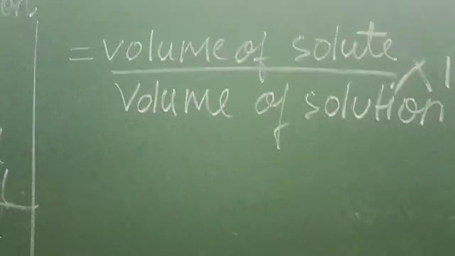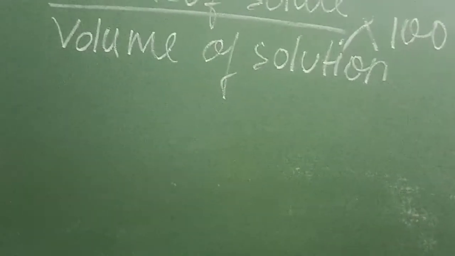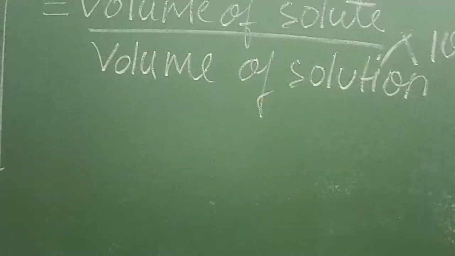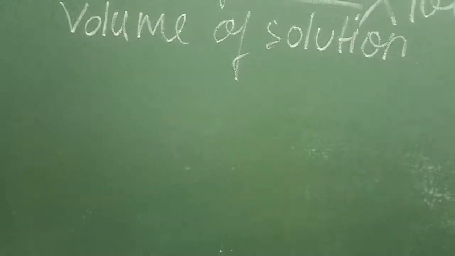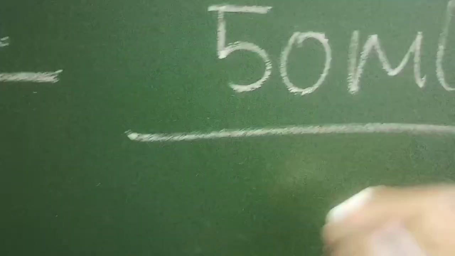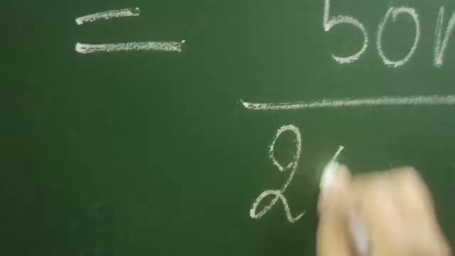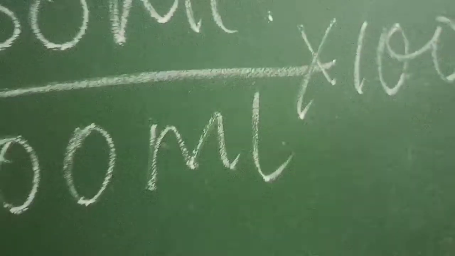So in this case the solute is alcohol, and the volume of solution, when we add the amount of alcohol plus water, we get 200 ml, which is the volume of solution. So the volume of solute is 50 ml, which is alcohol, and the solution is 200 ml, into 100.